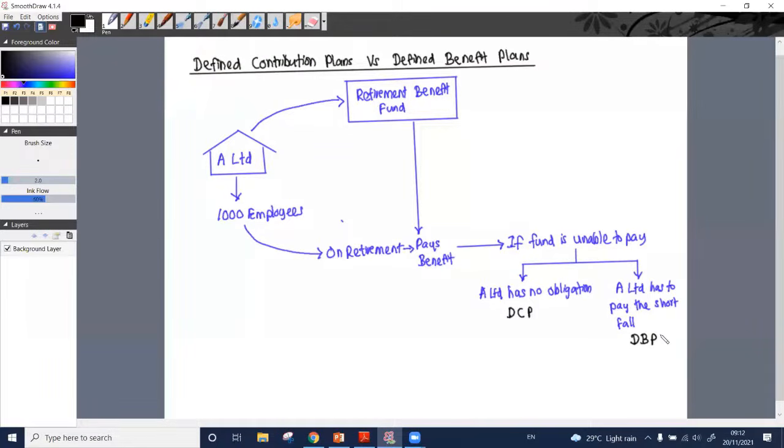Then we need to look at who is liable if the fund is unable to pay: whether the company has the obligation or not. Based on that, only we can classify whether it is a defined contribution plan or a defined benefit plan.